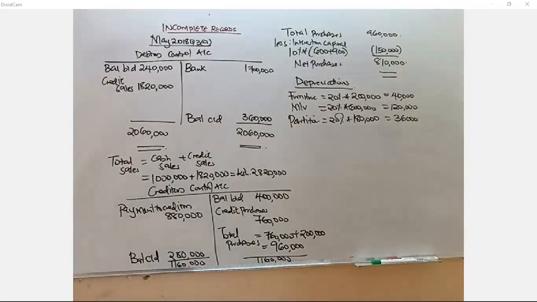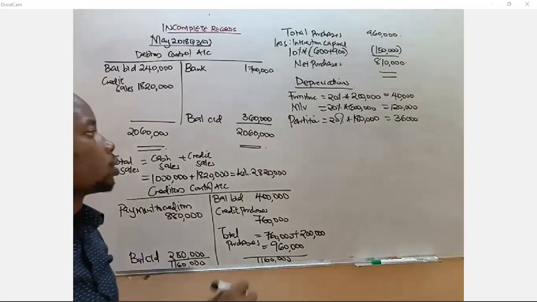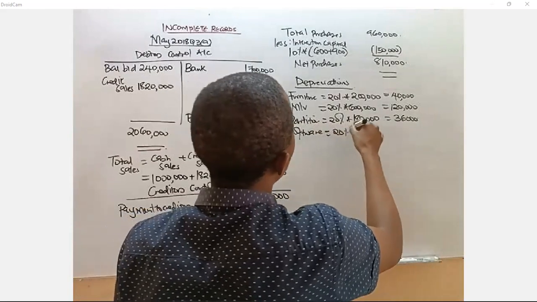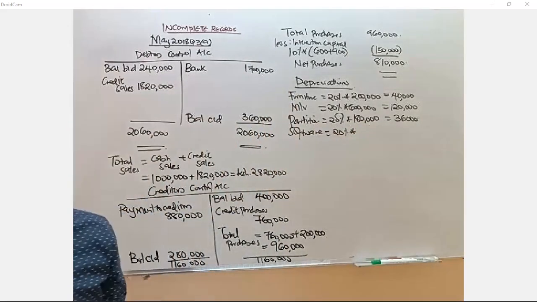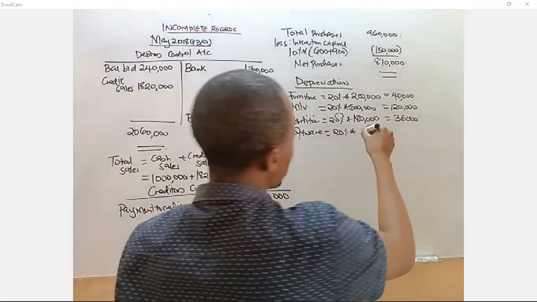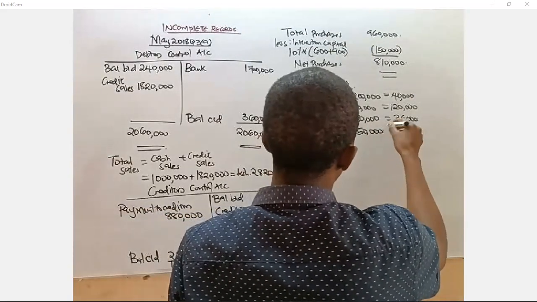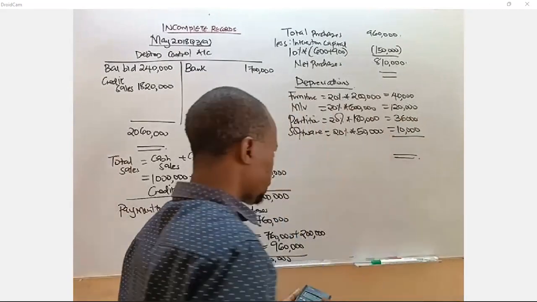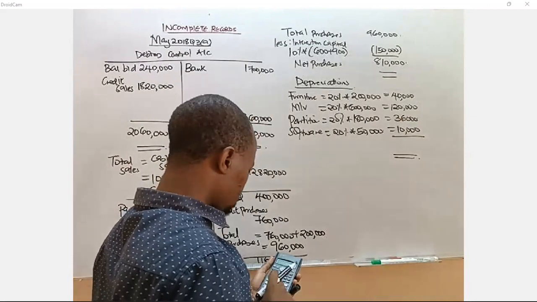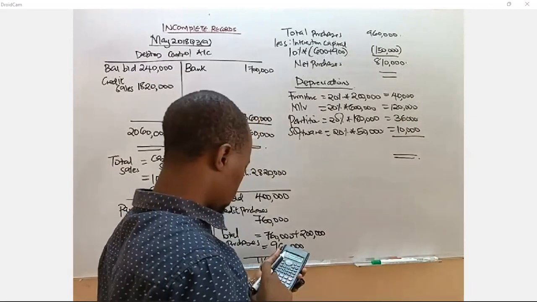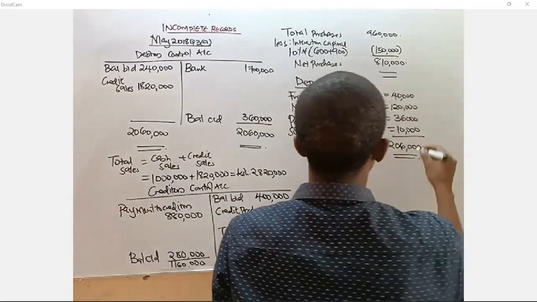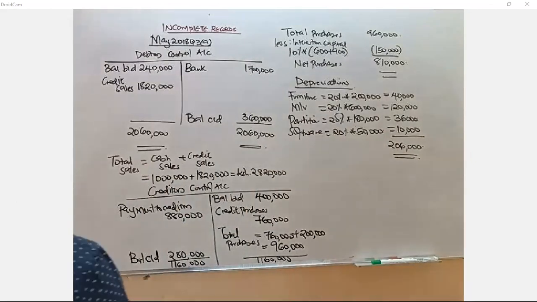The computer software of ours should be around 50,000. Yes, in note number 2. So software here was also charged 20%. 20% of how much? We have talked about 50,000. This translates to 10,000. What was the total depreciation deducted in the income statement? 40,000 plus 120,000 plus 36,000 plus 10,000, here we are getting 206,000. That was the depreciation which they were able to deduct from the income statement.